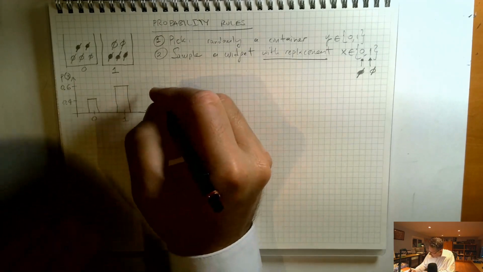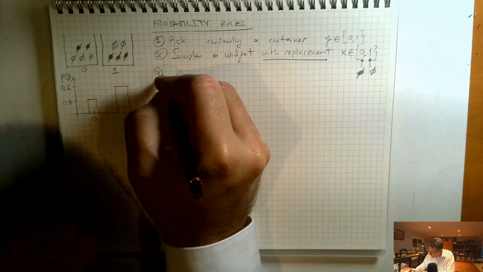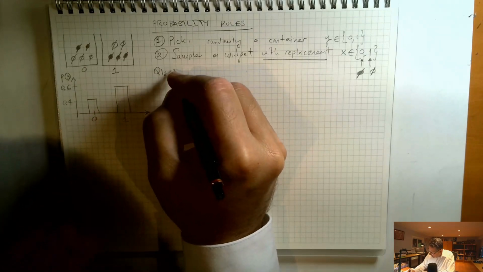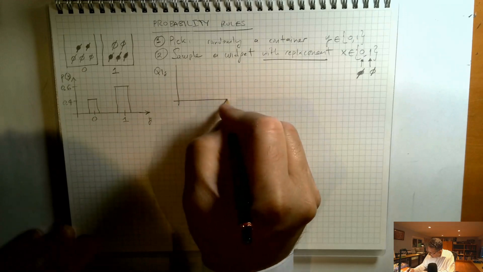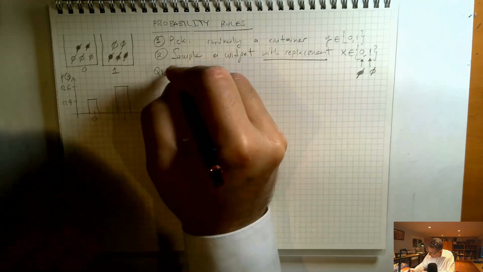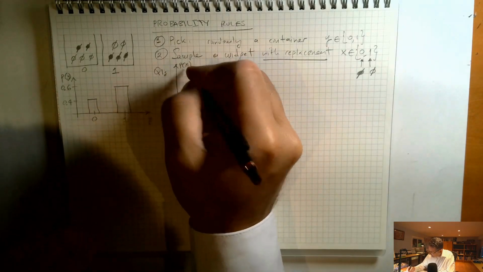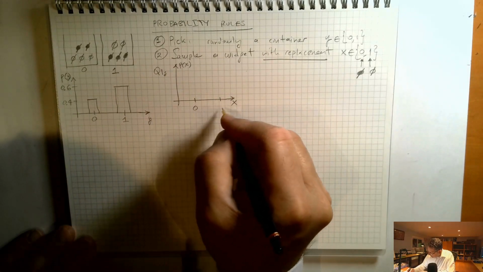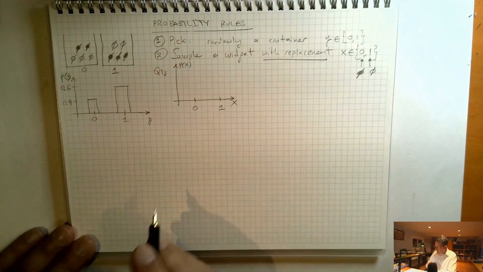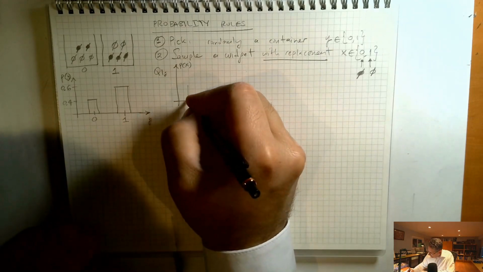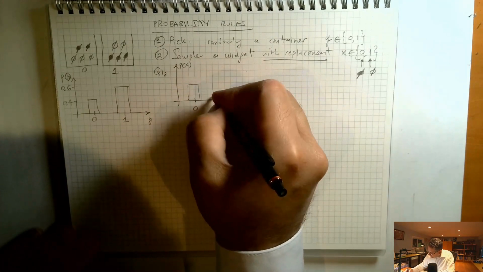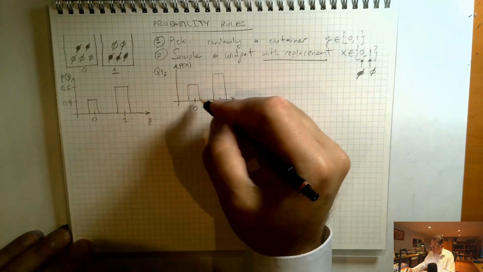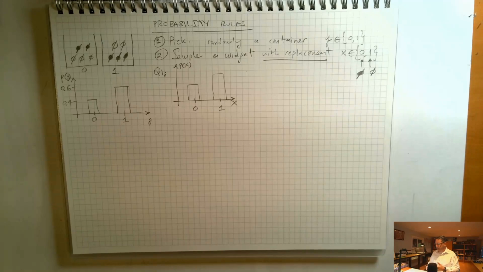All right, so here comes the first question. Can you tell me anything about P of X? First of all, because we have two types of widget and X is a discrete random variable, we expect to see something like this. Maybe it's the other way around, but we definitely expect something like that.